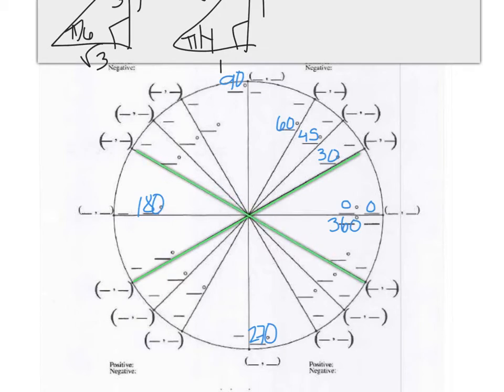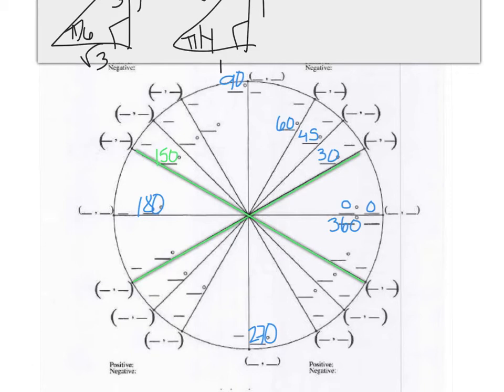So all of these angles have a reference angle of 30 degrees. Now what that means is if I'm traveling around the circle, I would go 180 minus the 30 degrees. So this angle is at 150.